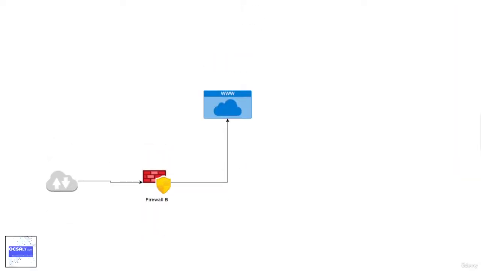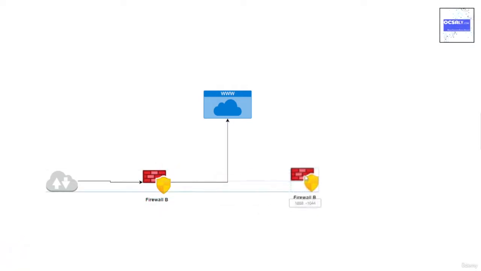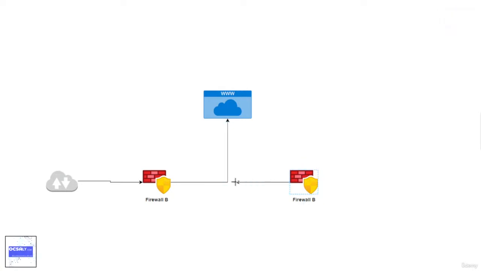This goes to here, and actually we will need another firewall here, which we will name firewall A. And then lastly, this firewall A goes to the internet.